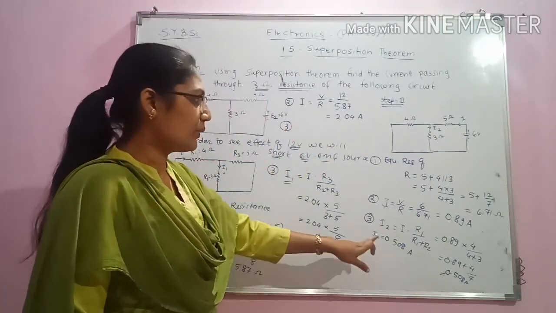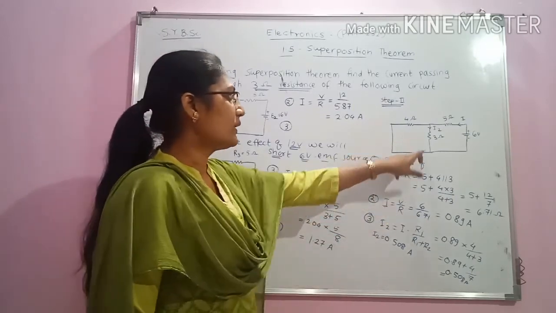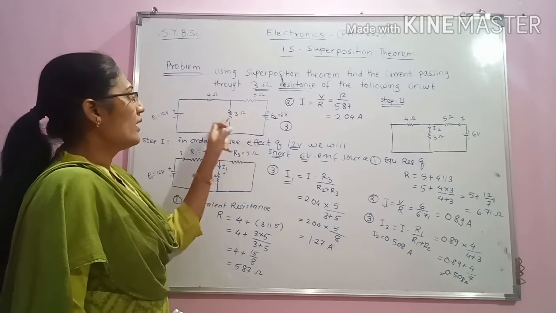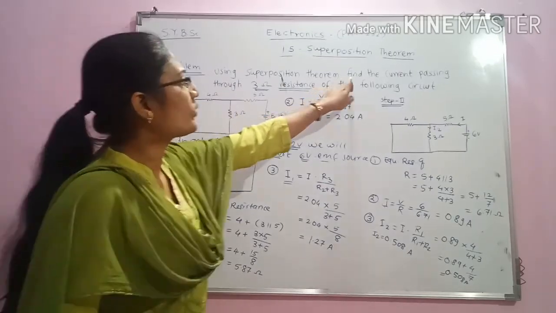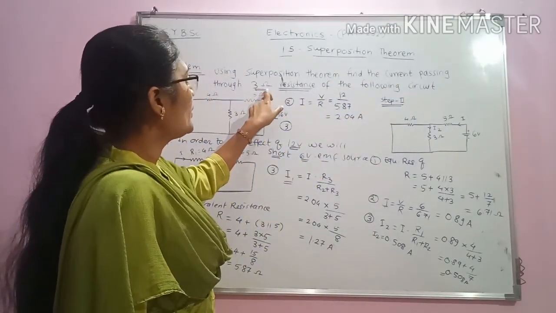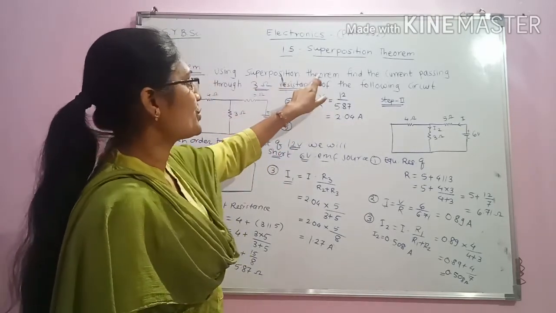So now the last step is we have to calculate the total current, and find the current passing through the 3 ohm resistance of the circuit by using the superposition theorem.